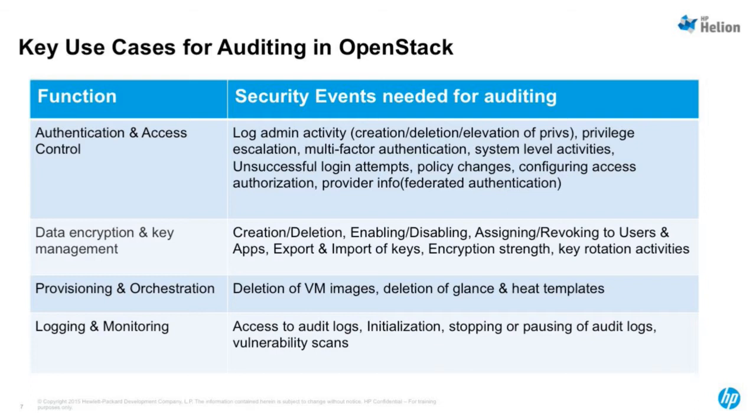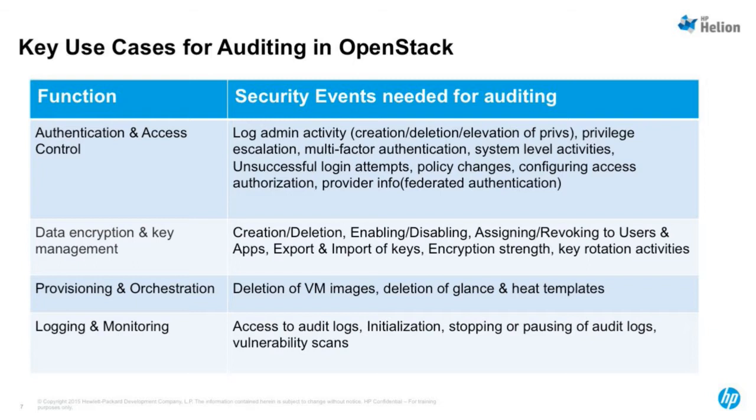If you take a look at authentication and access control, clearly being able to log admin activity, and particularly being able to handle privilege escalation, is very critical from a compliance standpoint. This is to ward off any kind of insider threats or insider attacks.